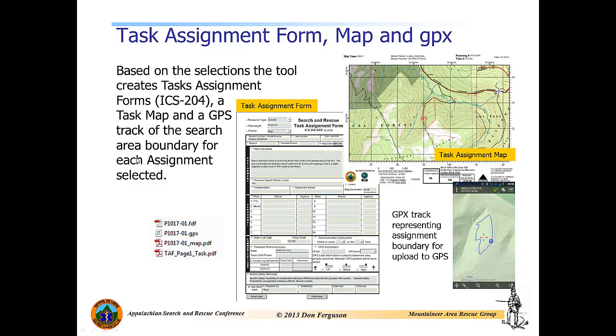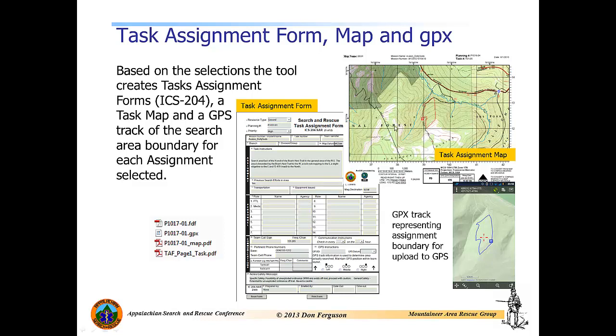The task assignment form, or ICS 204, which is a PDF form consisting of numerous data fields, is populated from information stored in various attribute tables, thus eliminating the need to repeat data entry. And because it maintains its functionality as a PDF form, any information can be further refined as needed in order to meet the planning and operational demands.